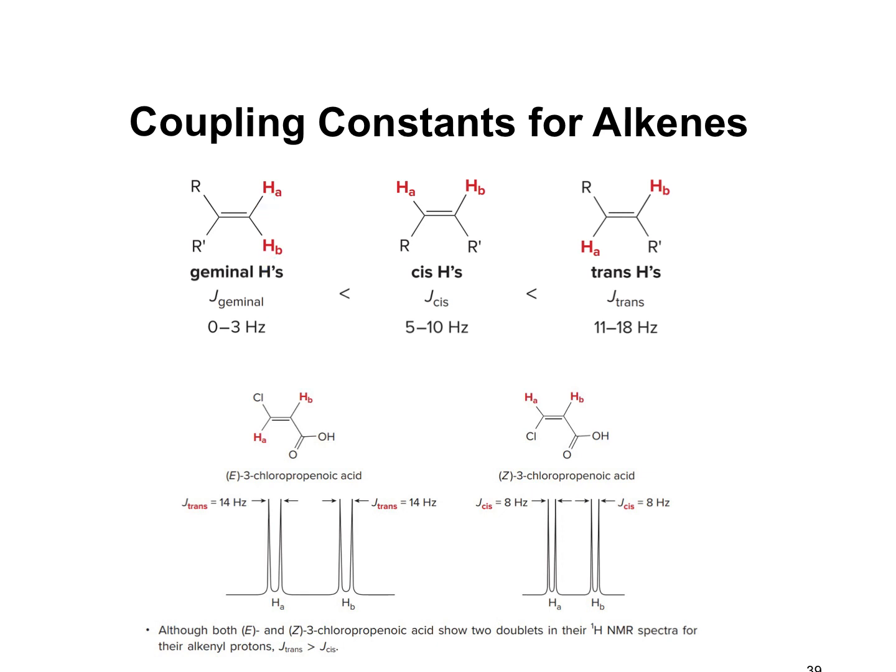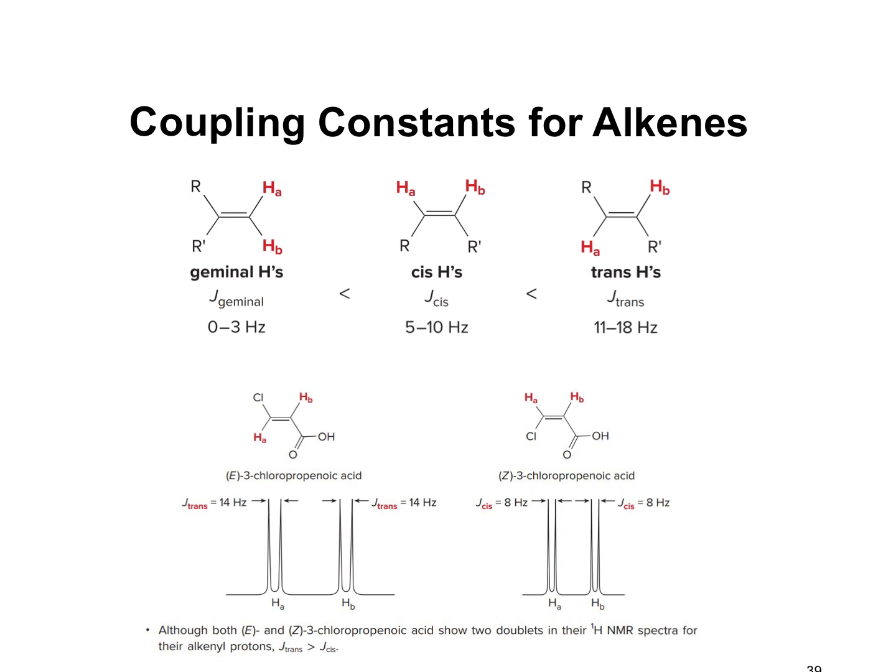Notice here, geminal means they're on the same carbon of the double bond. And then we've already talked about cis, and then there's also trans. When these protons are different, each proton is going to split the NMR signal of the other so that the protons appear as doublets, right?